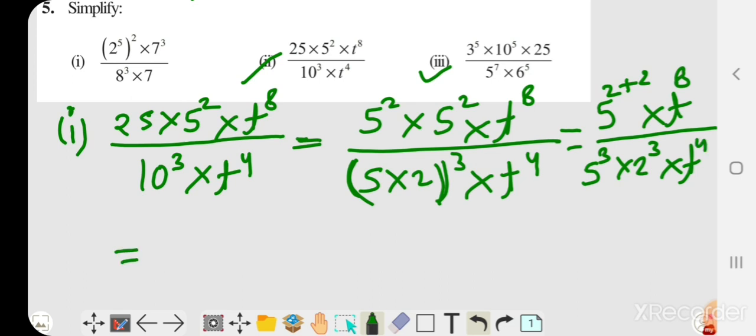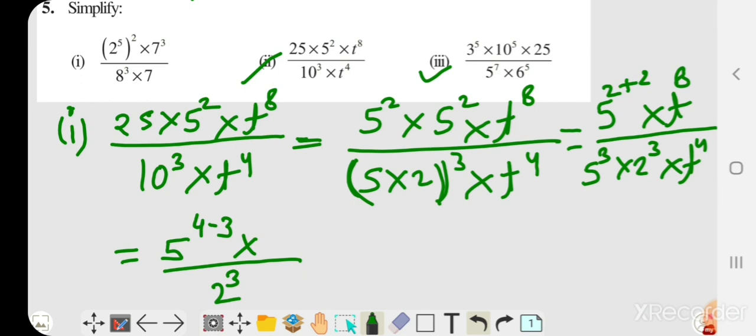Now let's resolve all the powers of 5. It's 5 raised to power 2 plus 2, 4. Then is there any other 5? Yes. But this 5 is in denominator, so the power 3 will be subtracted. Then it's 2 cube. So you can write 2 cube because no 2 is there upside.